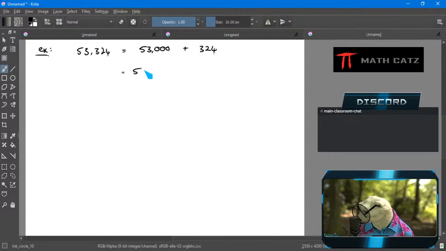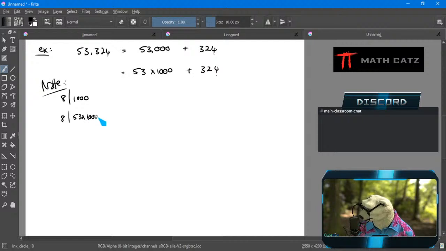Then I'm going to see the first number as 53 times 1,000, and of course, my 324 is still there. Now, I couldn't use 100 because 8 didn't divide into 100. But 8 does divide into 1,000, 8 times 125. So that means 8 is going to divide into any multiple of 1,000, so this first part is always divisible by 8.